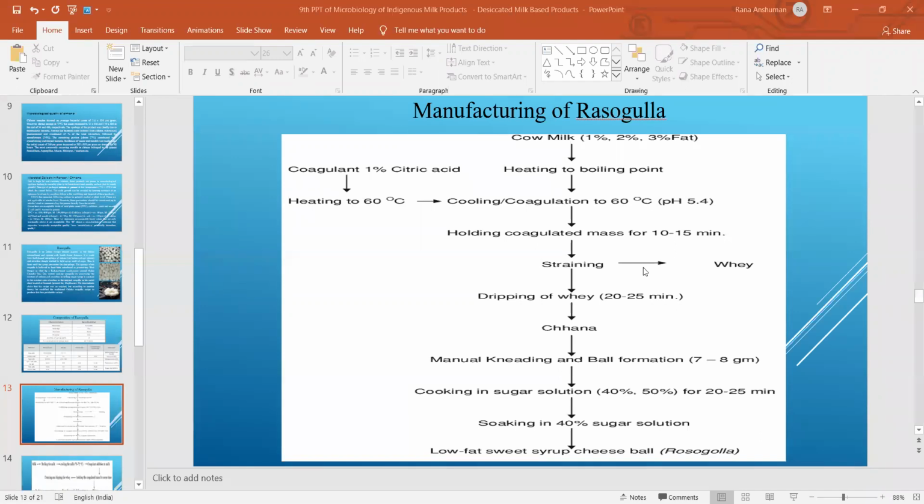Thereafter, you have to hold the whole mass for 10 to 15 minutes. Thereafter, straining of whey will be done. Then dripping of whey. Thereafter, chana will be produced.